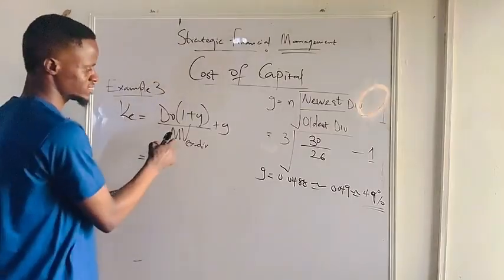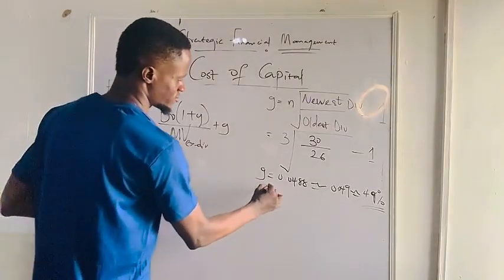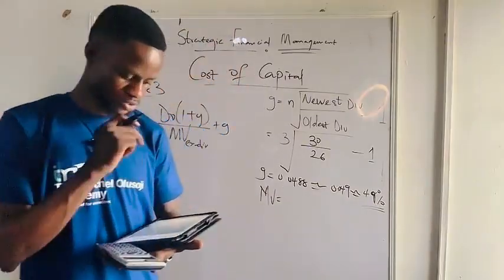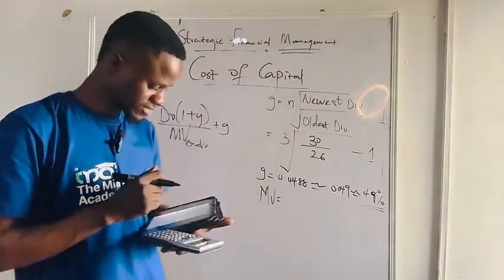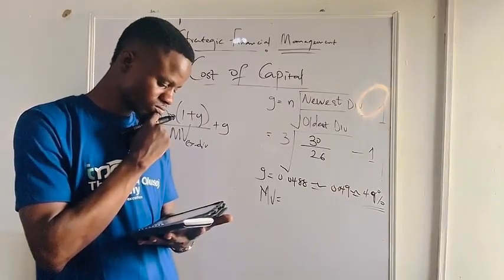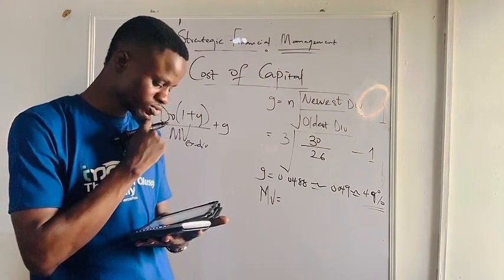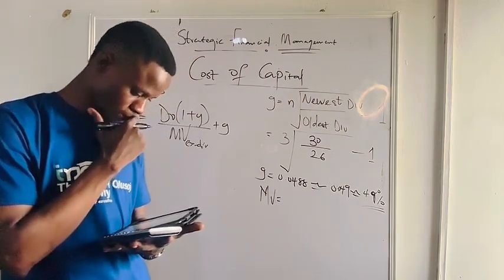Before that, don't forget this market value must be ex-div, right? And the one that we have currently is actually cum-div, so we have to remove the dividend from it.